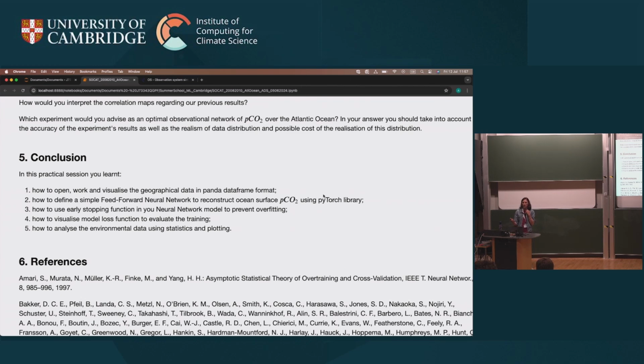You can, for example, train your model on the data only in the North Atlantic and try to see what is happening in the South Atlantic. So it's also very important when you're using machine learning and you're coming from a mathematical domain, it's not only about numbers, because it's also how your data is distributed.